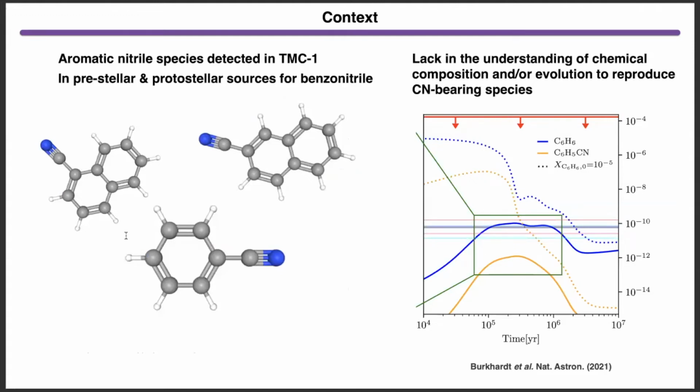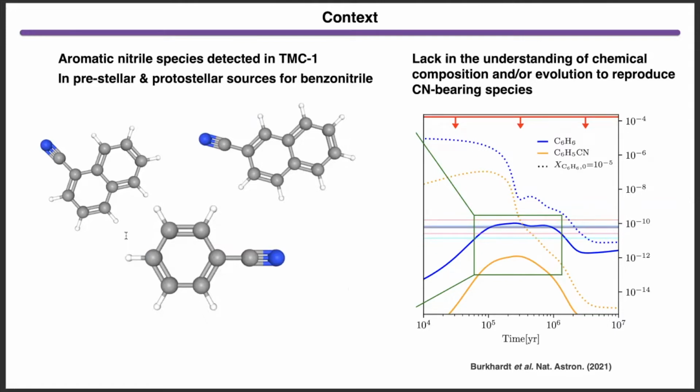The other bunch of molecules I want to talk about today are those aromatic nitrile species. They have been detected in TMC1, and for the case of benzonitrile, they have been detected also in pre-stellar and protostellar sources.